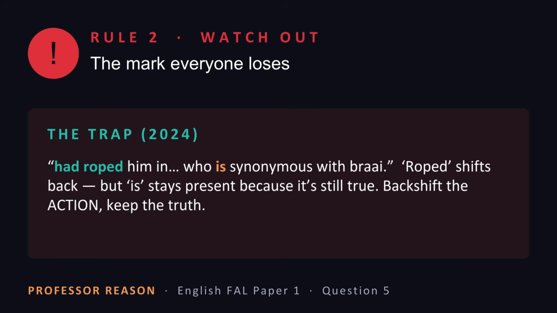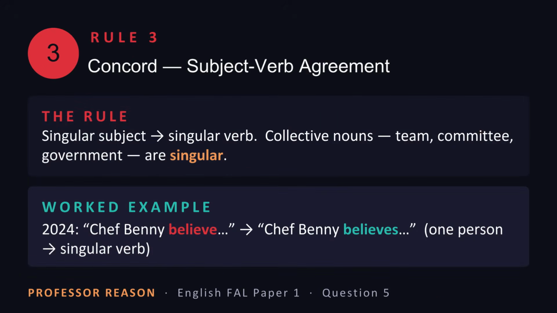Robbed shifted back to had robbed, but is synonymous stayed in the present because it's still true. This is the rule inside the rule. Backshift the action. Keep the permanent truth. Miss it and you hand back a mark you already earned.